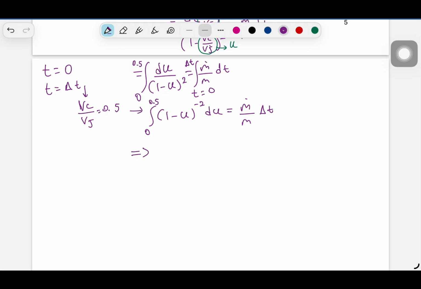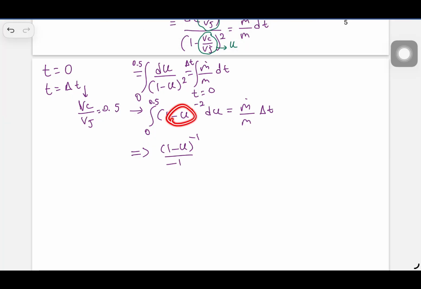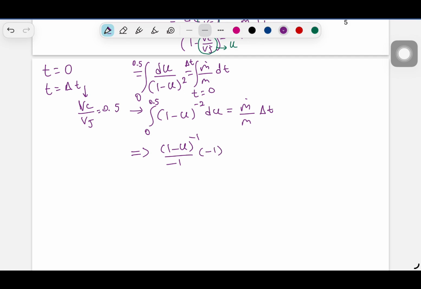So from here, we are going to get the derivative of the inside u, which is also minus 1. So this is going to give 1 over 1 minus u.